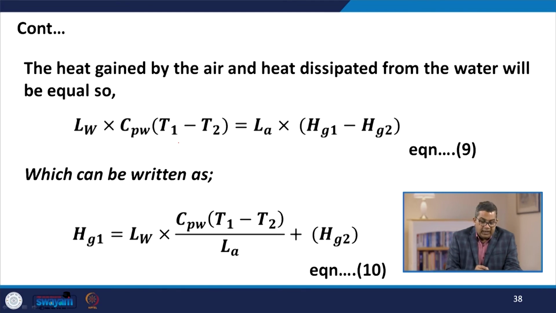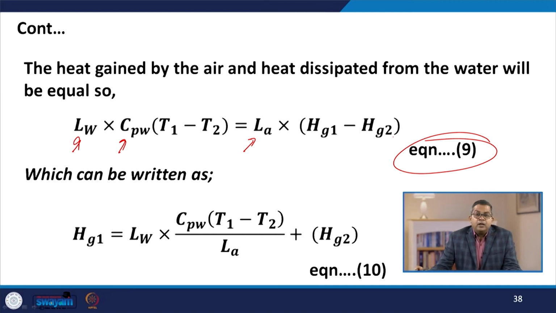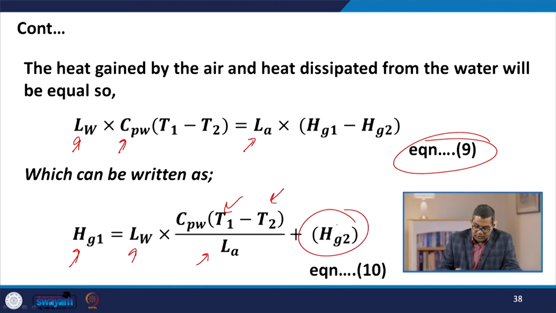So, LW into CPW into (T1 minus T2) is equal to LA into (Hg1 minus Hg2), and that is equation number 9. If we rearrange this equation, Hg1 is equal to LW into CPW into (T1 minus T2) upon LA, plus Hg2, and that is equation number 10.